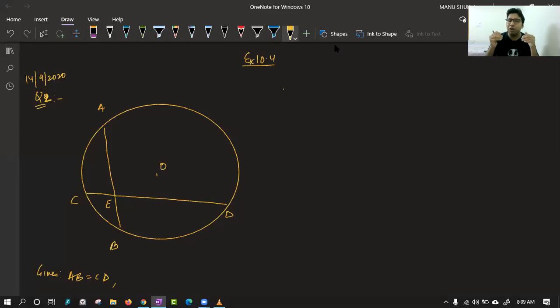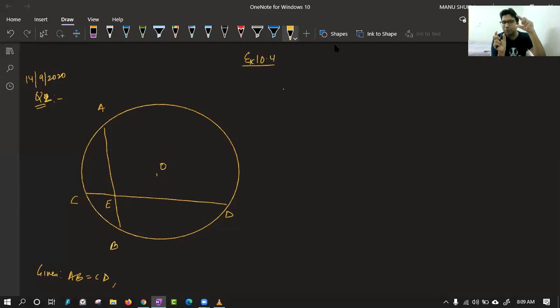Now tell me, in these two chords, which segments are corresponding? Class, try to understand, in these two chords AB and CD, which two segments are corresponding? The smaller ones or the larger ones? They both are corresponding. Yes, you can say this AE, the larger segment of chord AB, is corresponding to ED.